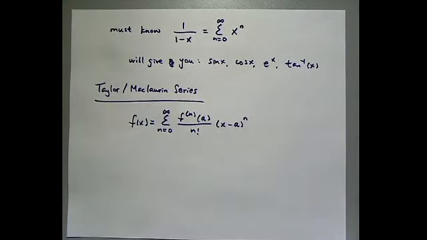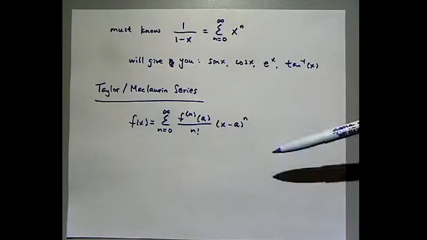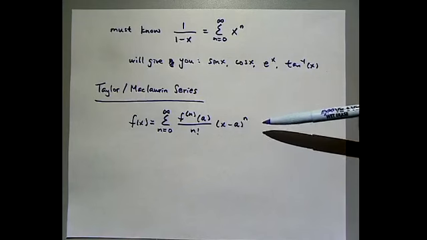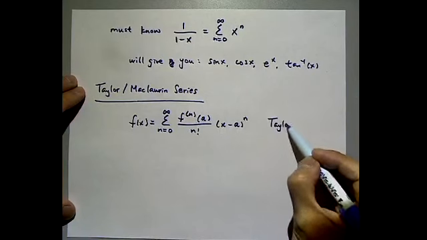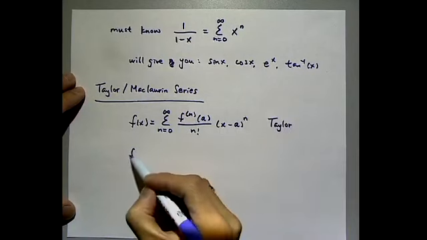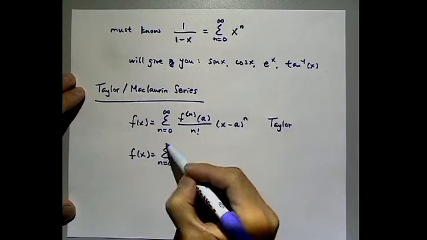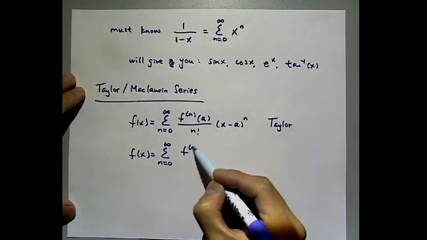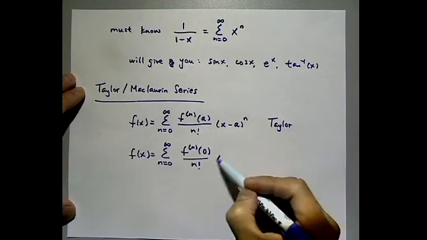And you also have to know the definition of Taylor and Maclaurin series. So this is Taylor. Maclaurin is the same as Taylor, except a is equal to 0.